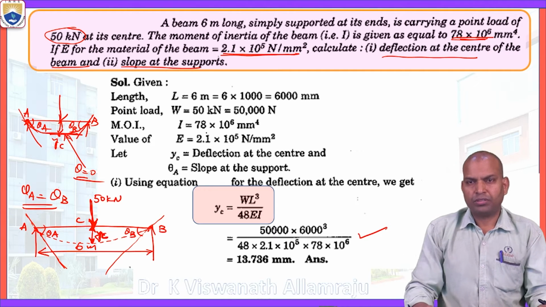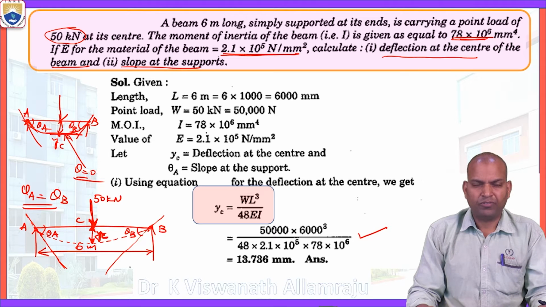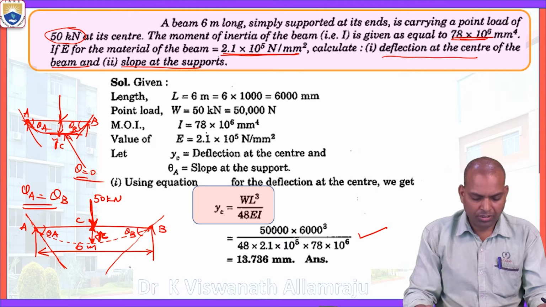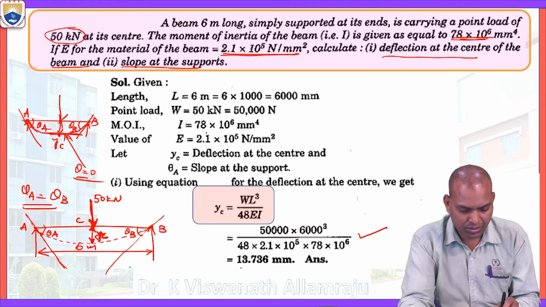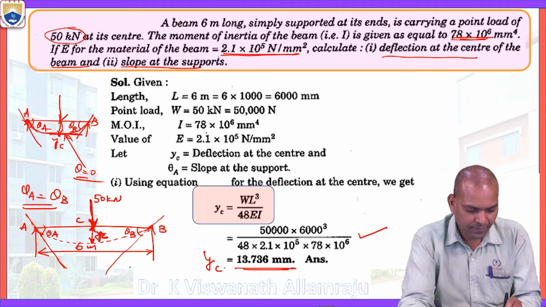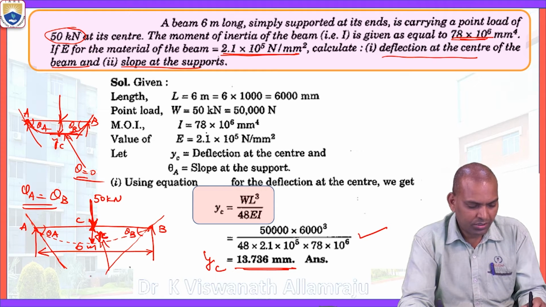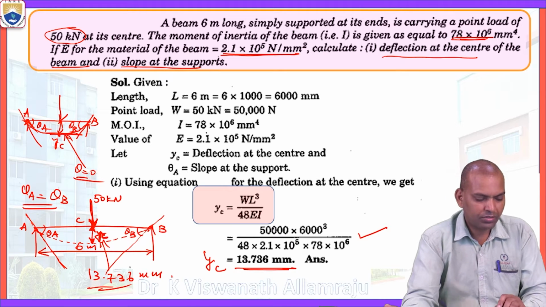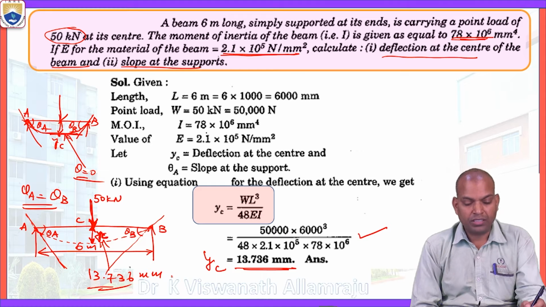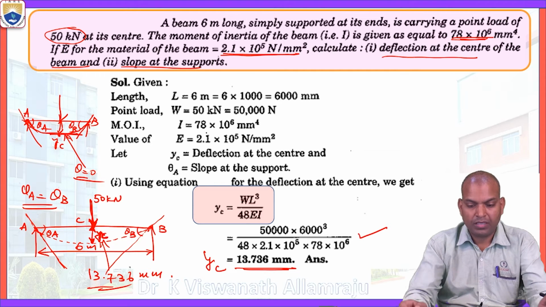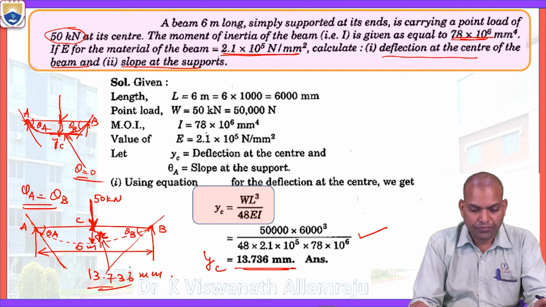After substituting those values, the calculated value is 13.736 millimeters, that means 1.3736 centimeters. That is the first objective.